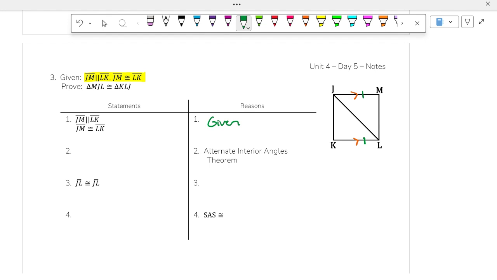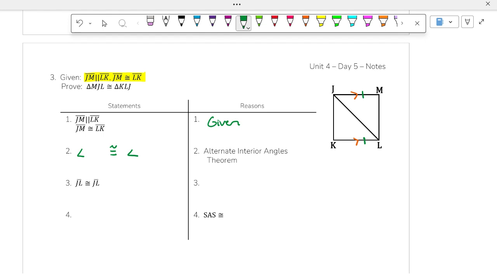Congruent. So what do you think my statement's going to look like? I don't really care about the angles just yet, but are we going to have segments that are congruent to each other, angles that are congruent to each other, angles that are supplementary to each other? Angles that are congruent to each other. So our statement is going to be two angles that are congruent to each other. We just don't know which ones yet.